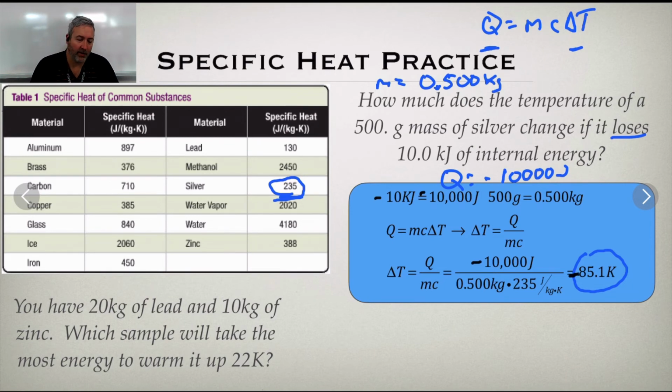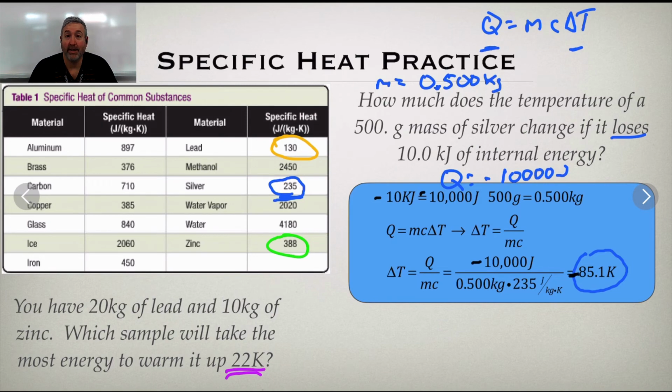Okay, the second question: you have 20 kilograms of lead. Lead has a very low specific heat, 130 joules per kilogram Kelvin, and 10 kilograms of zinc. Zinc has a higher specific heat, right here, 388 joules per kilogram Kelvin. If we want to warm them both up the same amount, 22 Kelvin, we have twice the amount of lead as zinc, so we look at Q equals MC delta T and see how those compare.